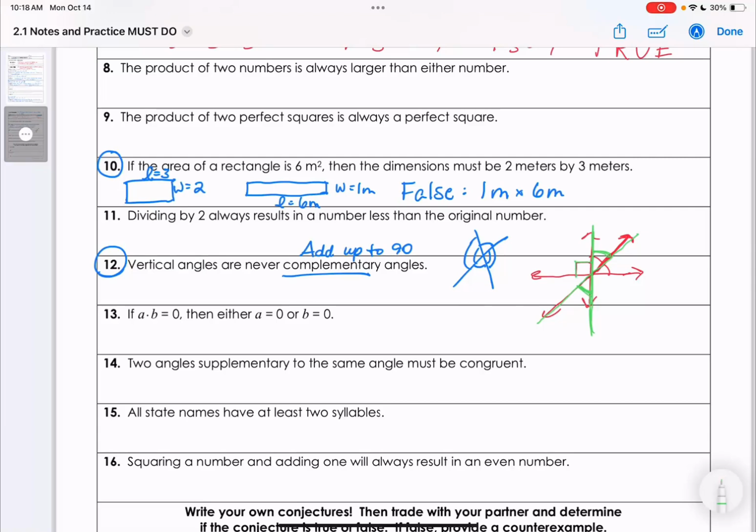And if this was 90, this is also 90, which means half of that would be 45. Then down here, if this guy's 45, so is this one. So that is the only situation where they can be complementary angles. So what I'm going to say is, if the vertical angles are 45 degrees, then they are complementary.